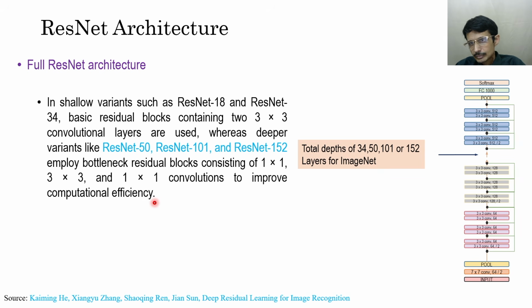So here you can say the total depth may be 34, 50, 101 or 152 layers for the ImageNet challenge. Apart from the shallow variants such as ResNet 18 or ResNet 34, with basic residual blocks containing 3x3 convolution layers, the deeper networks use this kind of bottleneck layer for more improved computational efficiency.